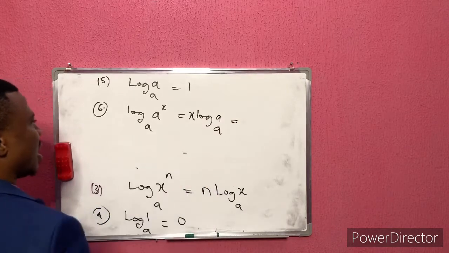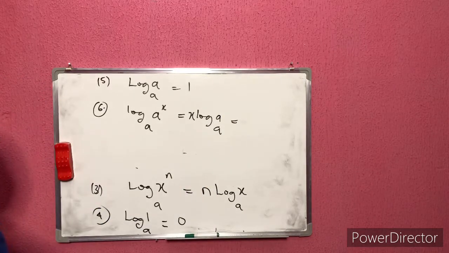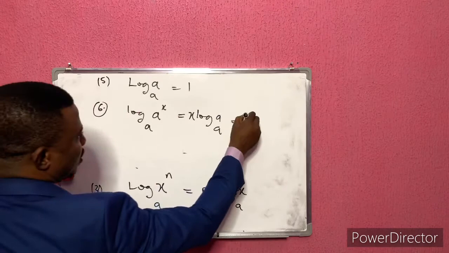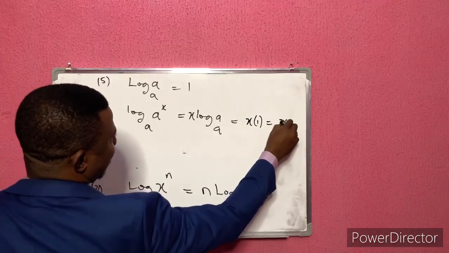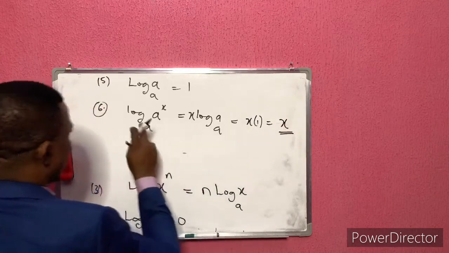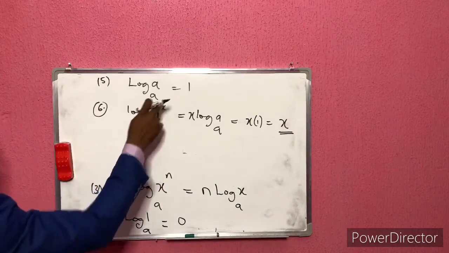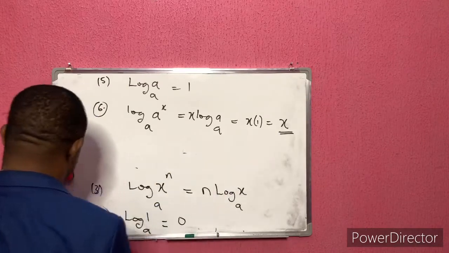What is log a? Log a is 1, so you have x multiplied by 1, so you have x. As you can see, log a to the power x base a is equal to x.